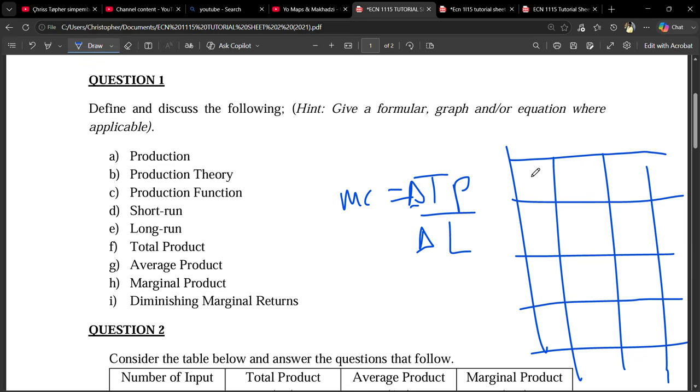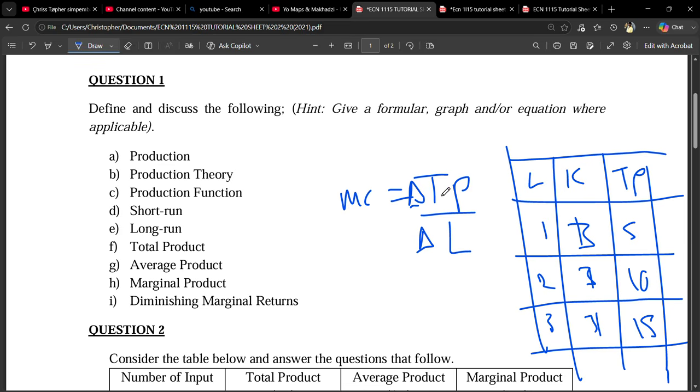So we can have, let's say, labor, capital, and total product. We have 1, 2, 3 for labor. Let's say capital is not changing, so we have 3, 3, 3. If we're using 1 labor, we produce 5. Using 2, we produce 10. Using 3, we produce 15.